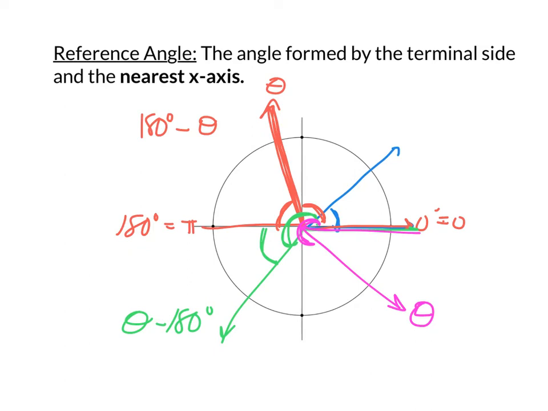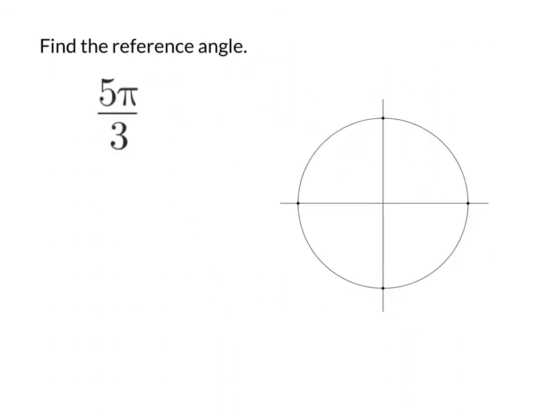Then we want to see how far it is to the nearest x-axis. And if we were to continue on, this 0 would actually be a completed circle and turn into 360 degrees, or 2 pi radians. So to find its reference angle, we would start with the 360 degrees and subtract off our angle theta.